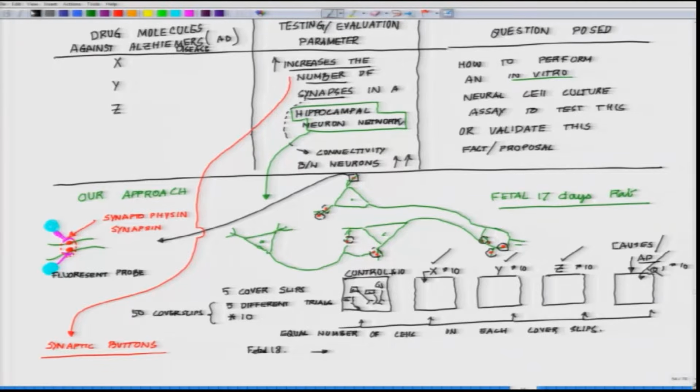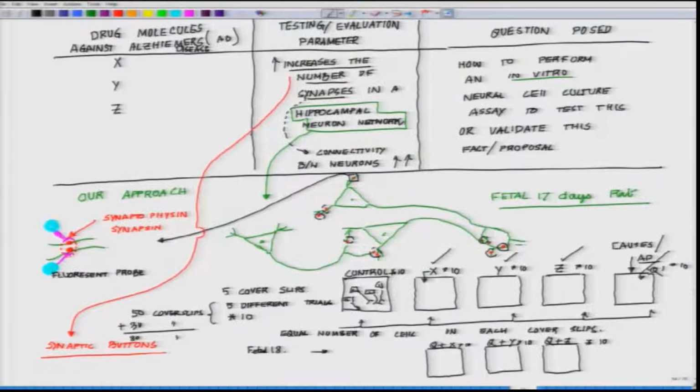Those 3 more treatments, which I did not tell you about in the beginning, now I am adding them. You put Q plus x, Q plus y, Q plus z. Again, all the replications are 10. So, you realize you already have 50, now we are talking about 50 plus 30, you have 80 cover slips to look into this whole thing, and it is a very random network.